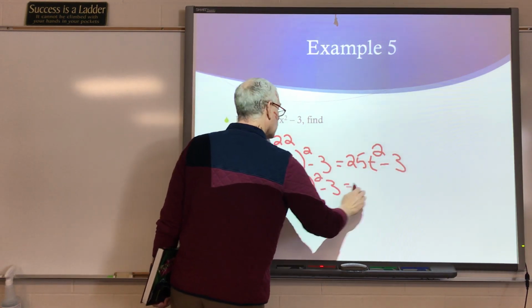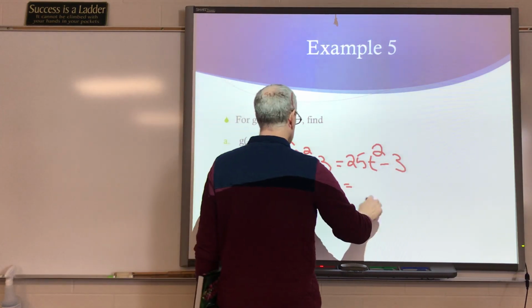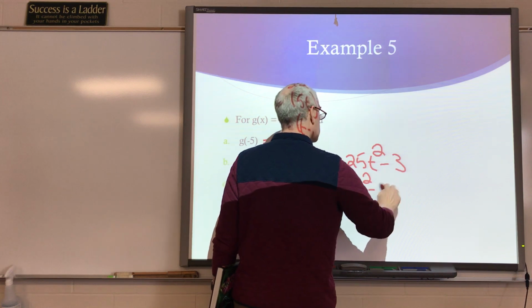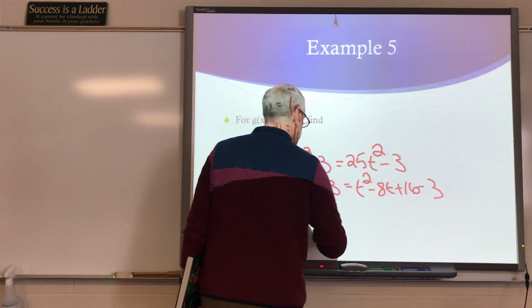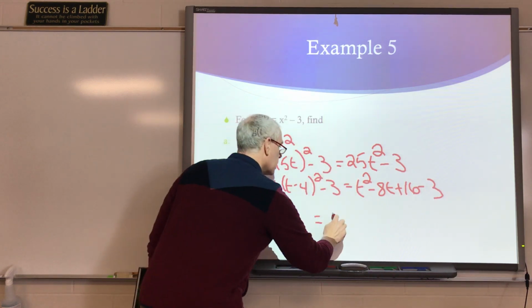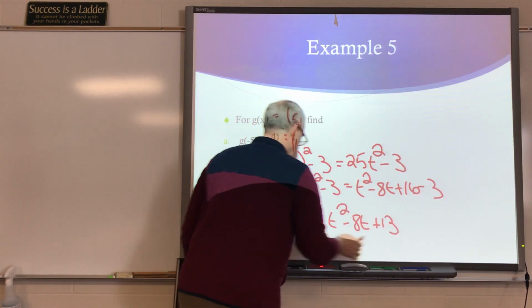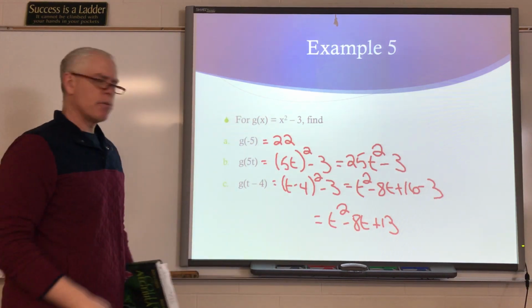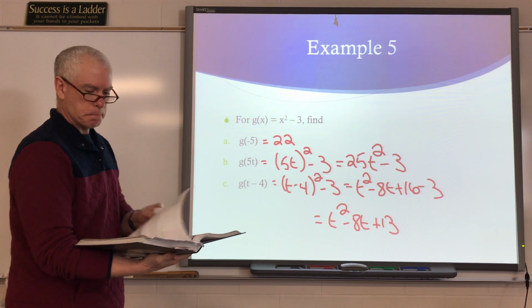Well, t minus 4 quantity squared, squaring a binomial, you guys. So I'm going to get t squared minus 8t plus 16. And then the plus 16 minus 3 can be simplified to that. Okay? And we've done some of this before. This part should be a review for you guys.